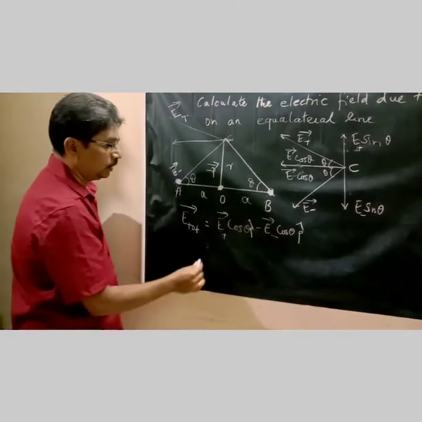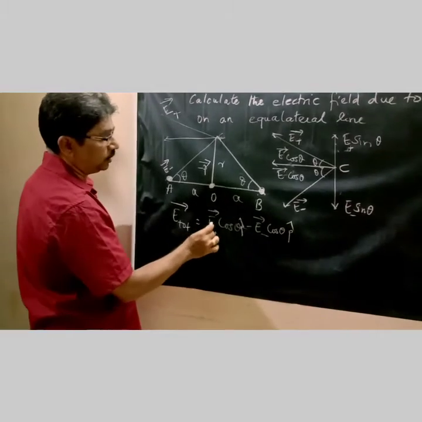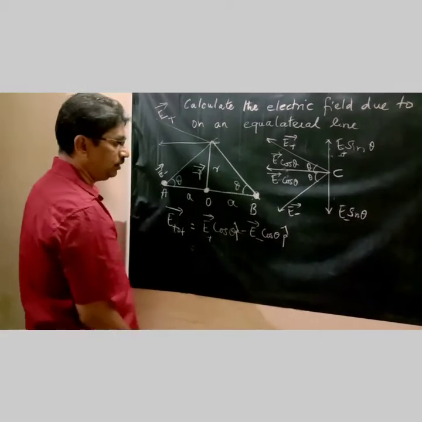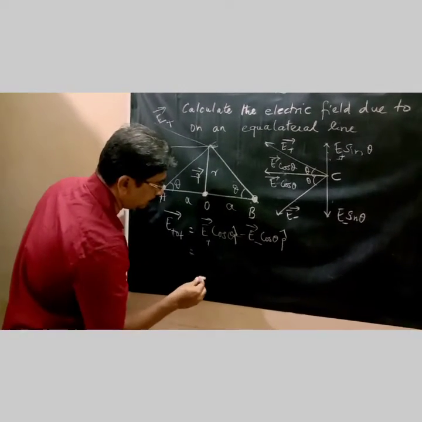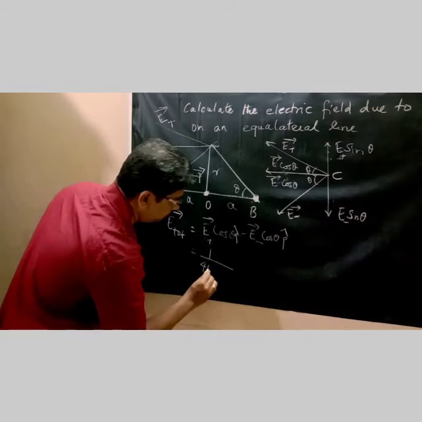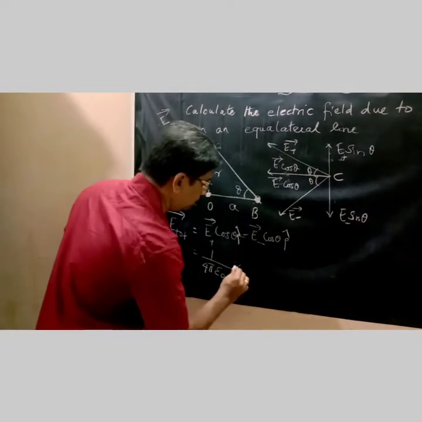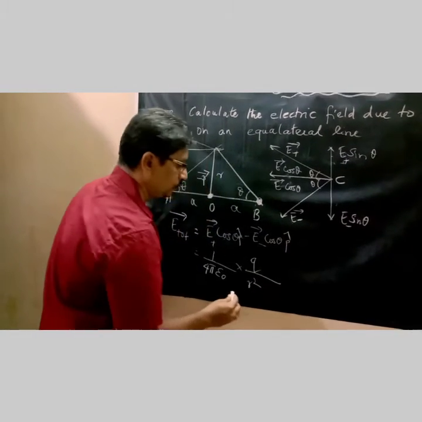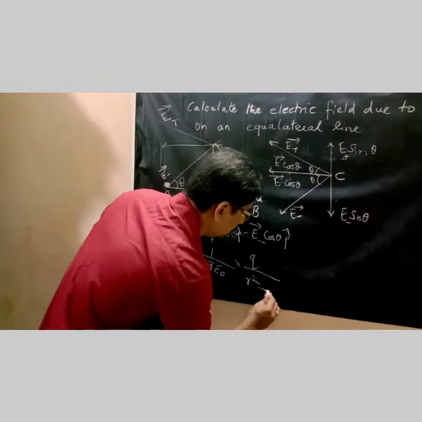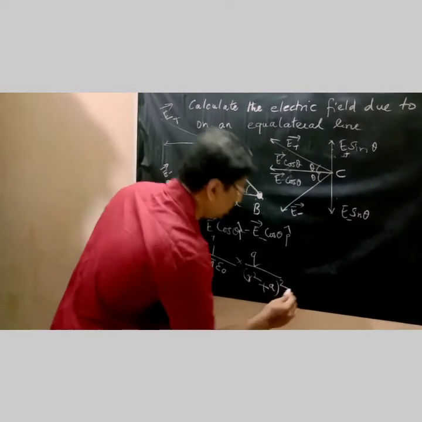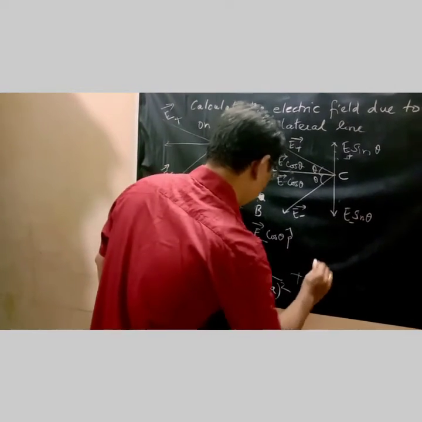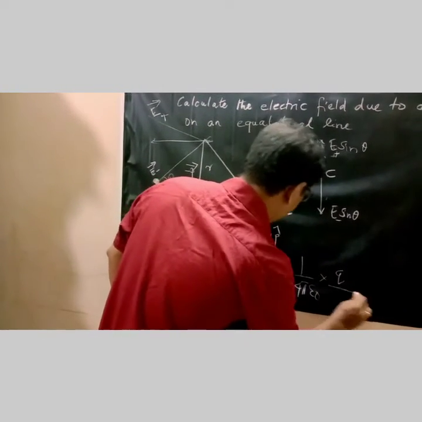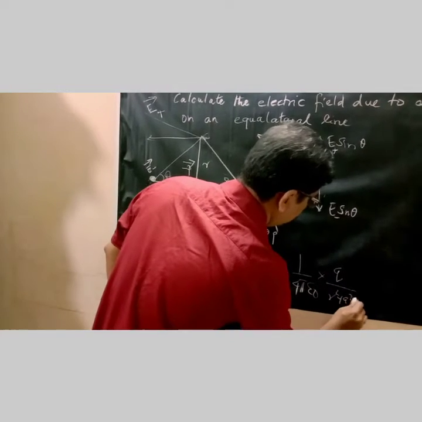And here, E total is equal to E plus cos theta, then minus E cos theta, P vector. So we derive the value as 1 by 4 pi epsilon naught into Q by R square plus A square the whole square, plus 1 by 4 pi epsilon naught into Q by R square plus A square the whole square.